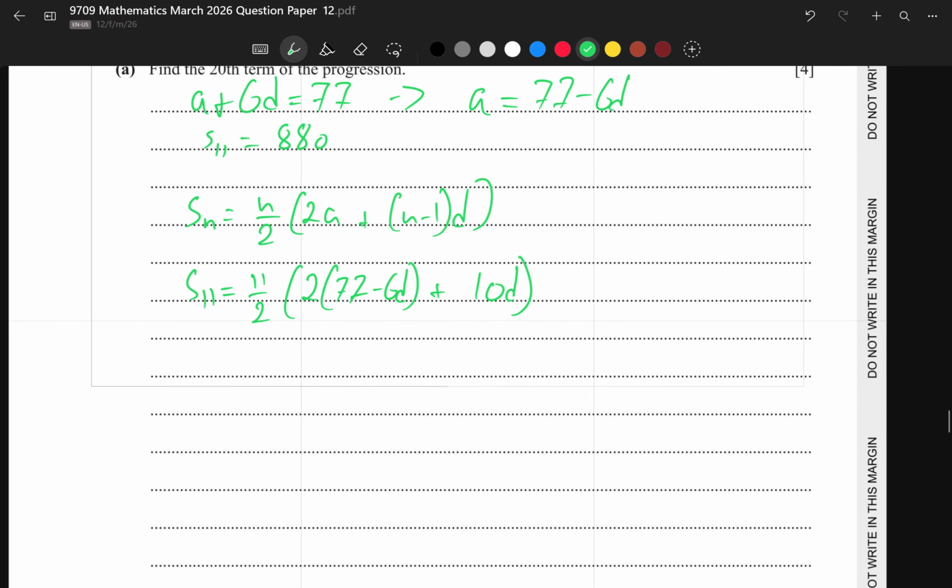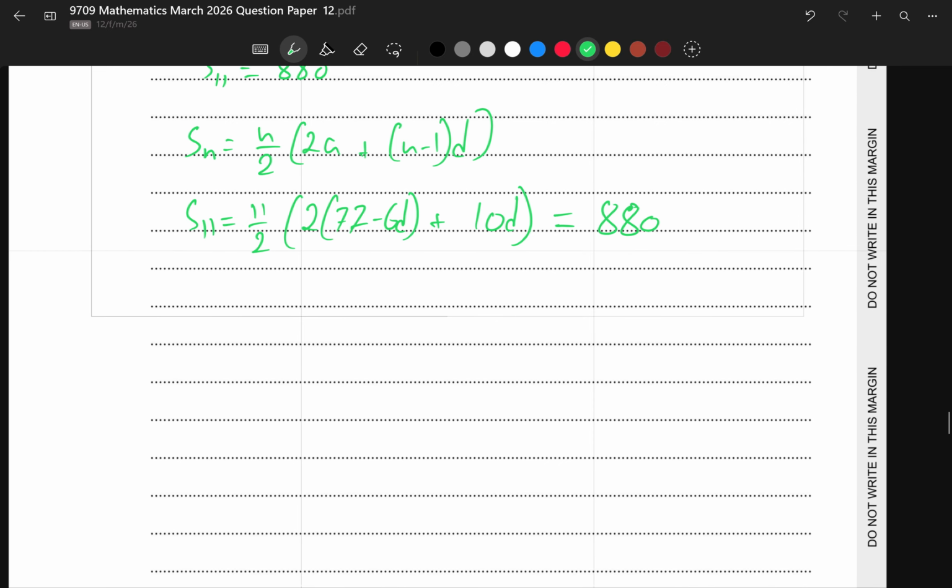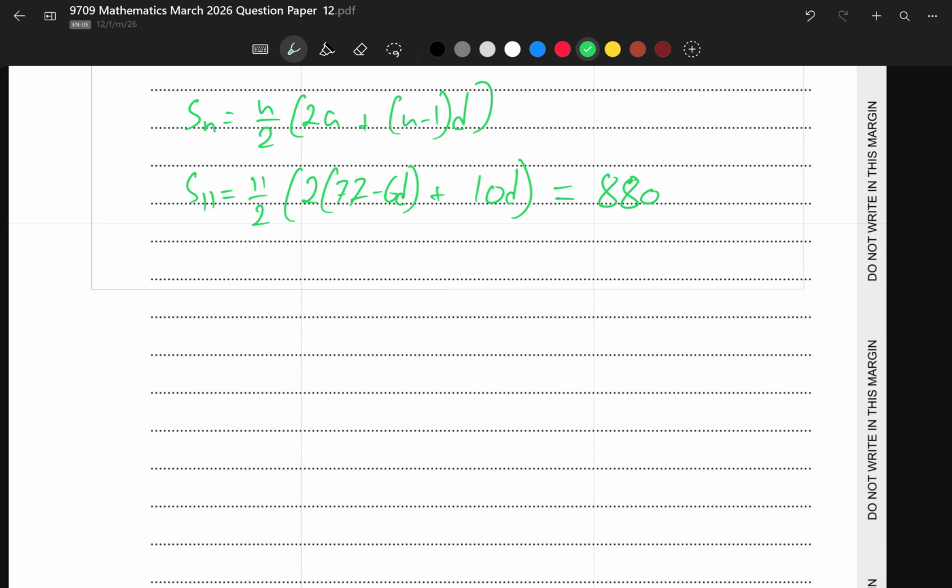So this is the sum of 11 terms, which is equal to 880. Now 11 by 2 multiplied by 2 times 77 minus 6d.